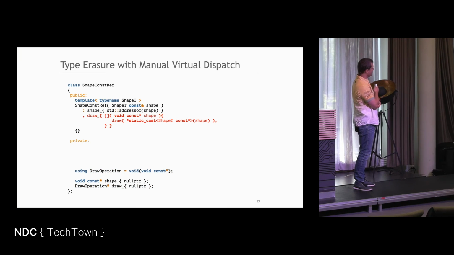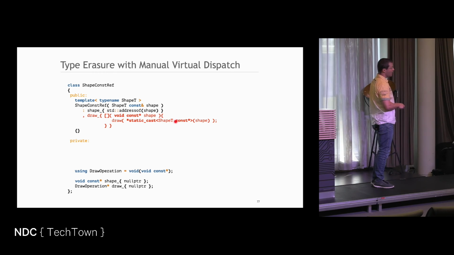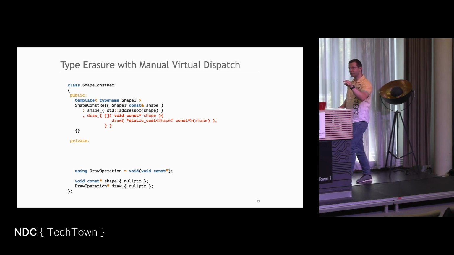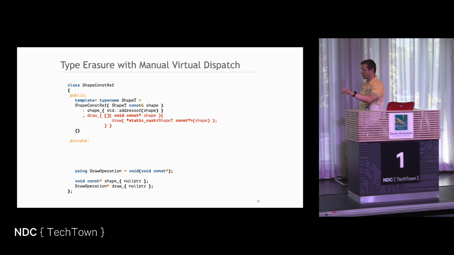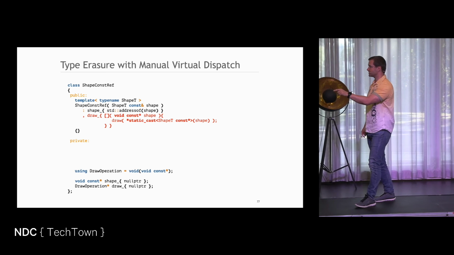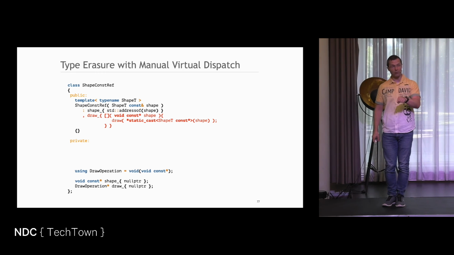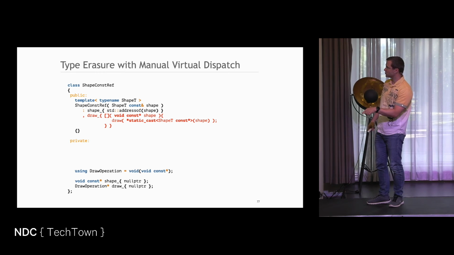I write a lambda that takes a void const star and performs a static cast to a shape t const star. And that's possible. Within the constructor, I am absolutely certain, 100% certain, that the given type is of shape t type. So I know how to get back from the void pointer. I know for certain what I have to do in order to go back.